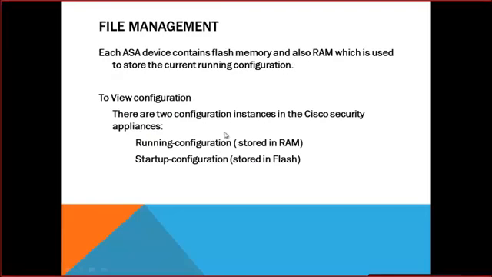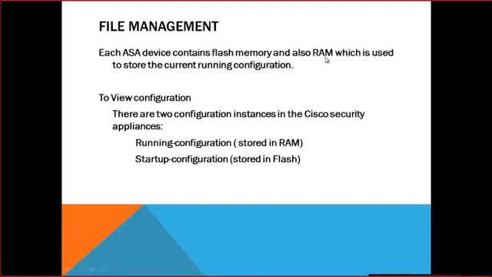When you talk about file management, we have two different types of memory location where our configurations are getting stored. We have flash memory, and we have RAM. This flash memory we call the startup configuration, and the RAM we call the running configuration.